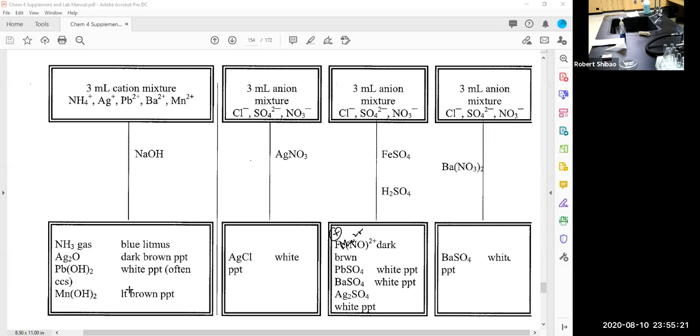Let me do one more ammonium test on a different sample here. Actually, I have no idea what these are. I'd like to get something with ammonium. Actually, let me give you something with ammonium.